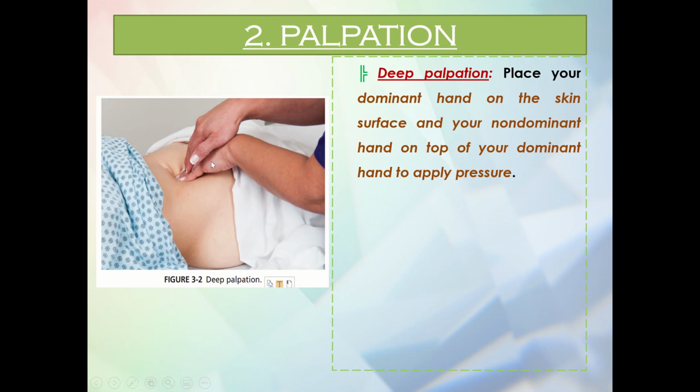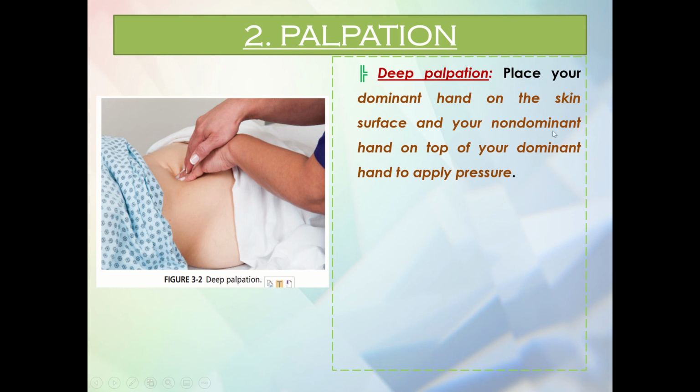So this is an example, you can see naman talaga na talagang malalim na or talagang deep yung pagpapalpate. So place your dominant hand on the skin surface and your non-dominant hand on top of your dominant hand to apply pressure. So mauuna yung dominant hand, nasa ilalim siya. So on top is yung non-dominant hand. Itong non-dominant hand yung mag-a-apply ng pressure. Okay?